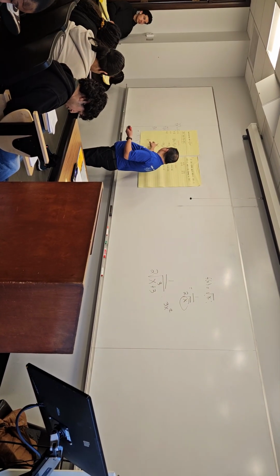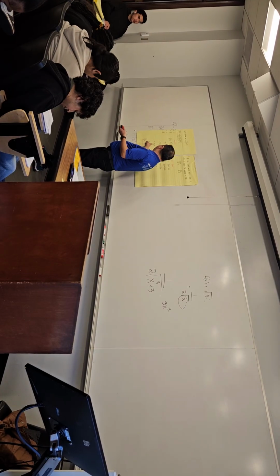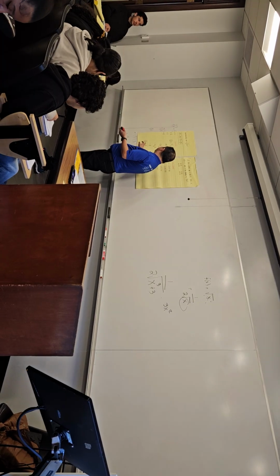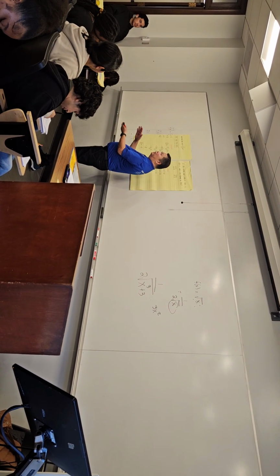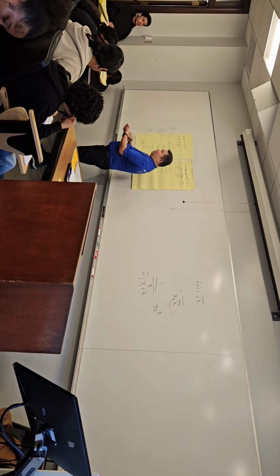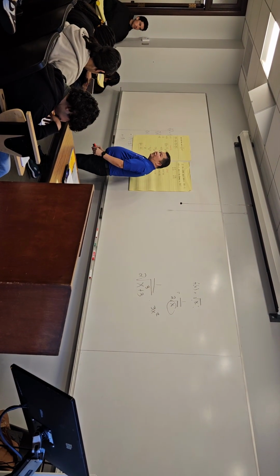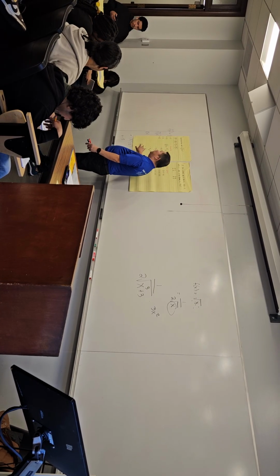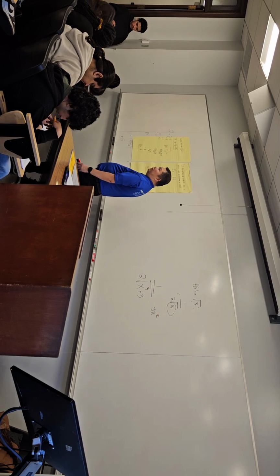So 36 minus 42 is negative 6, over negative 9 squared, which is 81. So negative 6 over 81. But you're going to have to reduce, because all answers are reduced to lowest terms. This is divisible by 3. 6 divided by 3 is 2, 81 divided by 3 is 27. So negative 2 over 27.